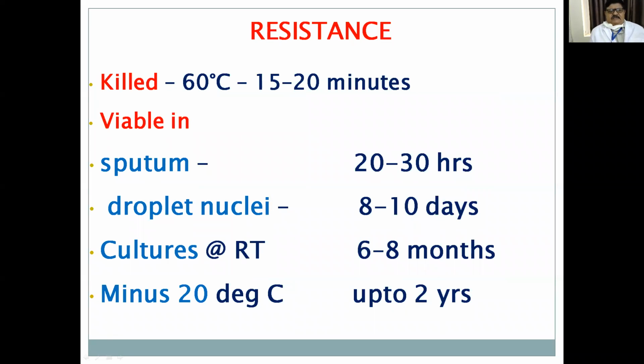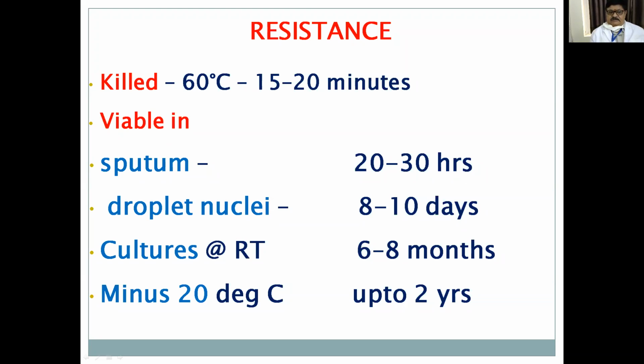Coming to the resistance exhibited, the bacillus is killed at 60 degrees centigrade if you expose it for 15 to 20 minutes. But remember, why tuberculosis is so rampant is that in sputum it can survive for 20 to 30 hours.